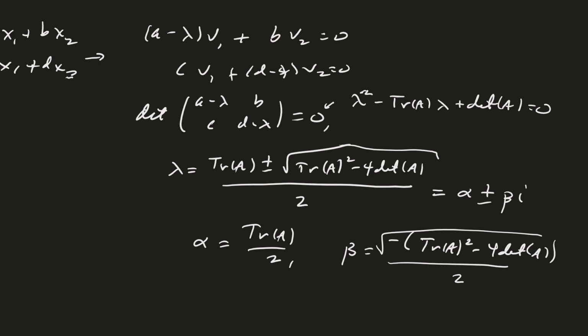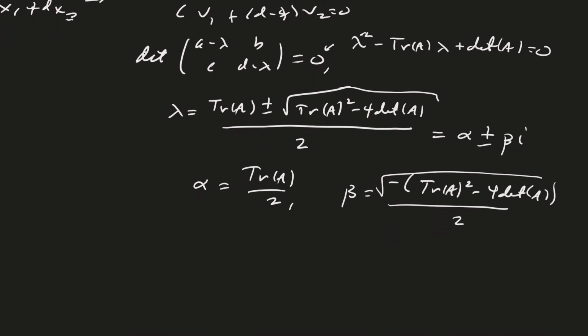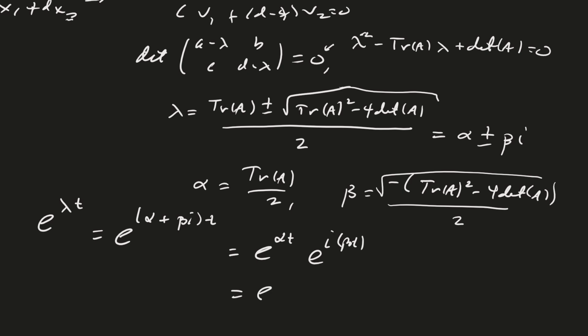As it turns out in our solution, e to the lambda t is e to the alpha plus beta i times t, which is equal to e to the alpha t times e to the i beta t, and that's e to the alpha t times cosine beta t plus i sine beta t.